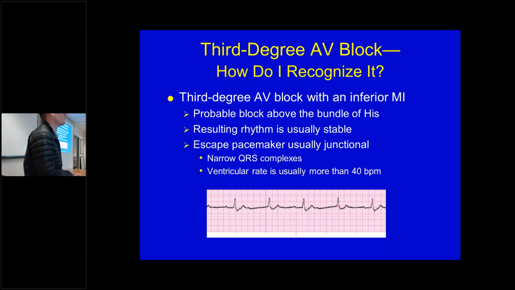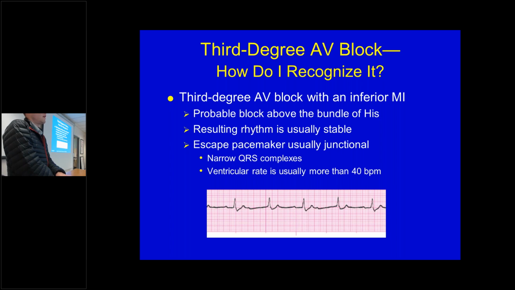Are they getting the inferior MI just based on the strip? Depends on which lead that is, but yeah. If you have ST segment depression in inferior leads, then it's a fairly old MI, because normally with an acute MI, you'd have elevations, right?